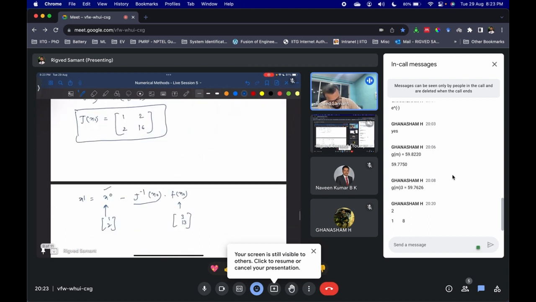You just have to calculate J inverse of x naught. You have J, so the inverse is easy, right? For a 2 by 2, the inverse is like this: 16, minus 2, minus 2, 1.